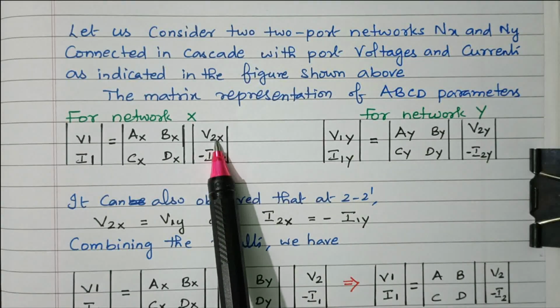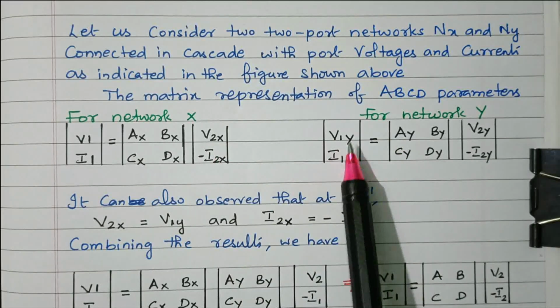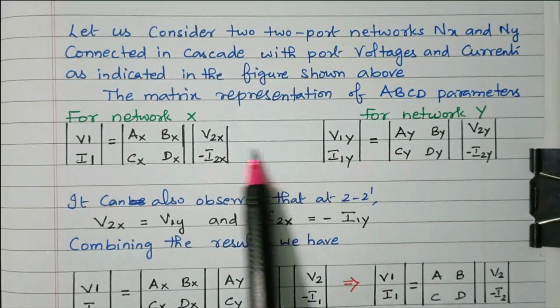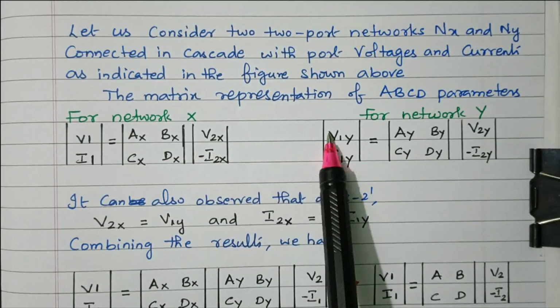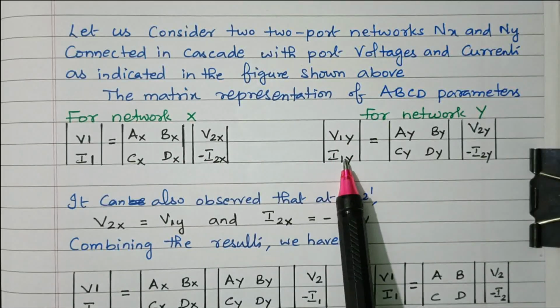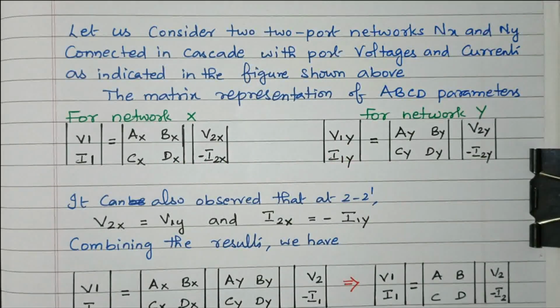So we can show that V2X equal to V1Y, I2X equal to minus I1Y. So we can combine these two matrices because these voltages and currents are equal.